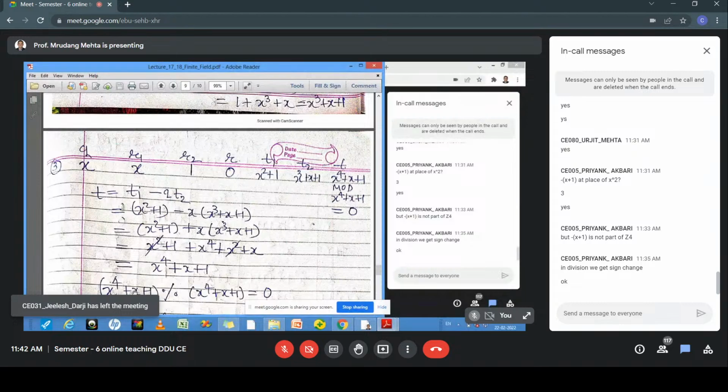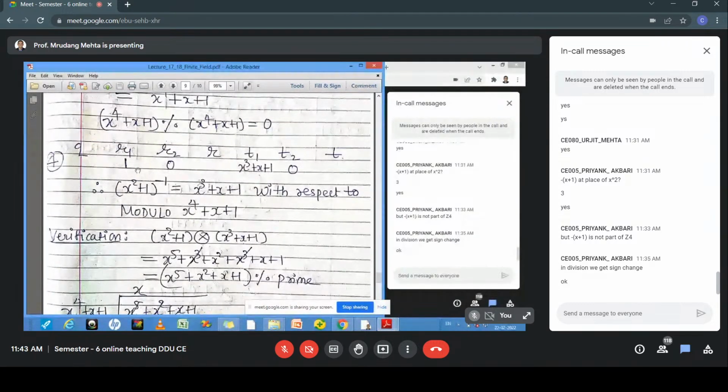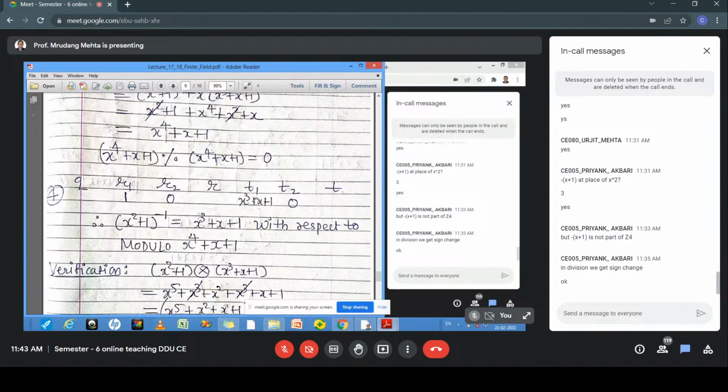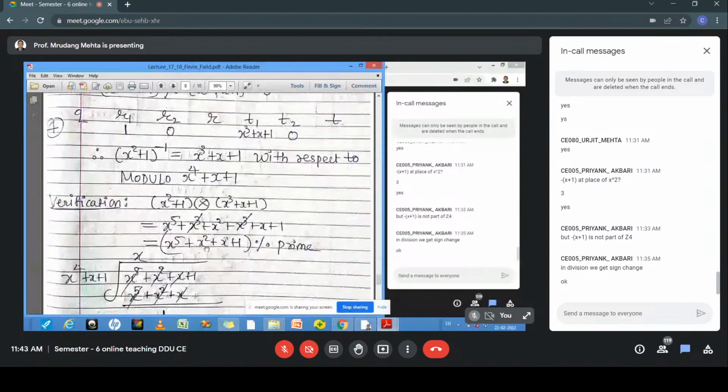Now if we take the modulus of this with respect to the same prime polynomial, then we get 0, right? So now again we shift, 1 and 0. So what we find is that R1 is 1. So at that time T1 is x cube plus x plus 1. Okay, T1 is x cube plus x plus 1.